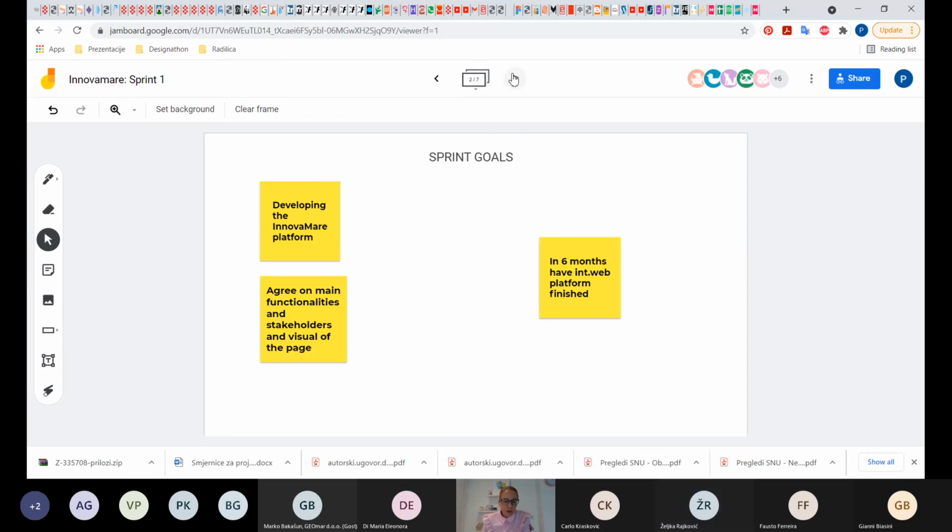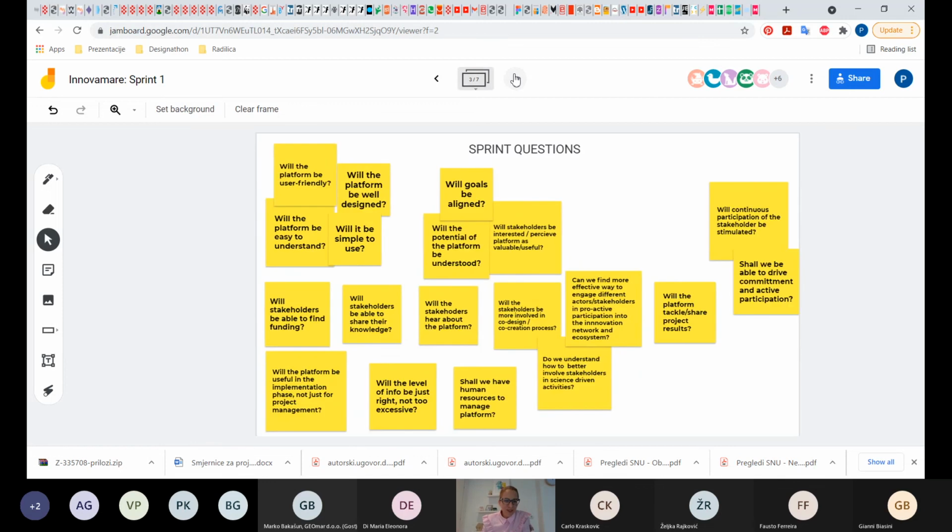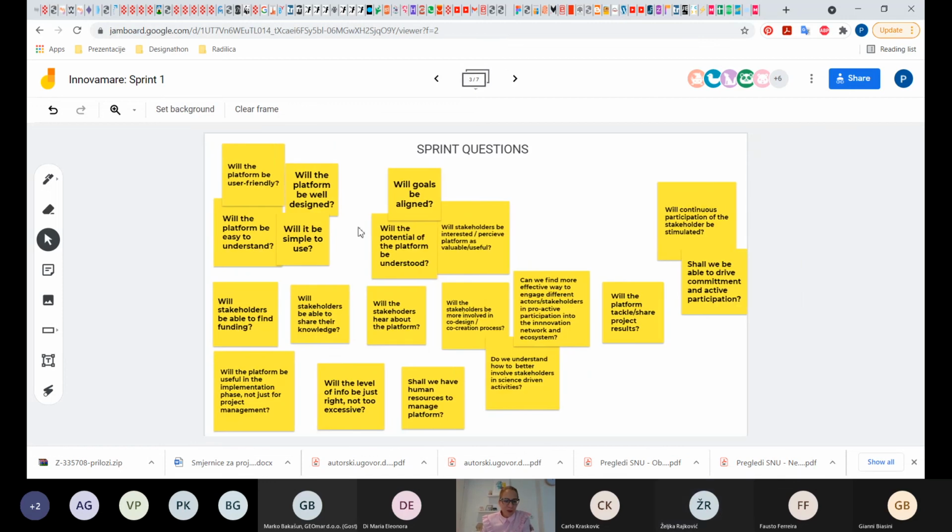All the sprint questions that we mentioned about the platform to be user-friendly, about the goals to be aligned, and for the stakeholders to perceive the platform as valuable and to be actively, continuously participating in it.